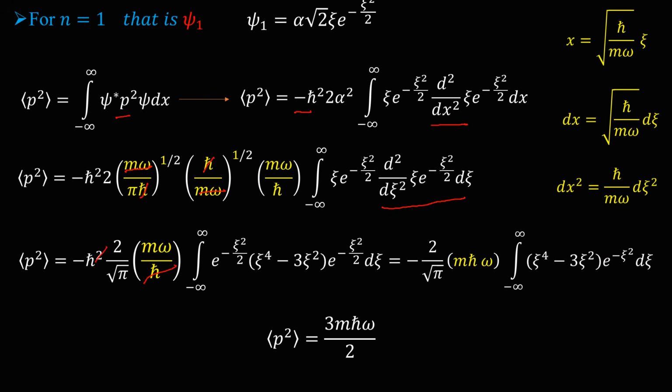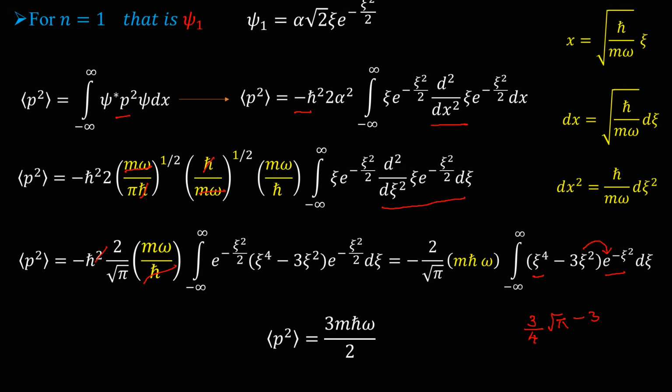Now, this is a Gaussian integral, this term and this term. If you integrate z power 4 e power minus z squared, you will get the integral value 3 by 4 square root of pi. Then what about the next term, minus 3 times z squared in this exponential term?